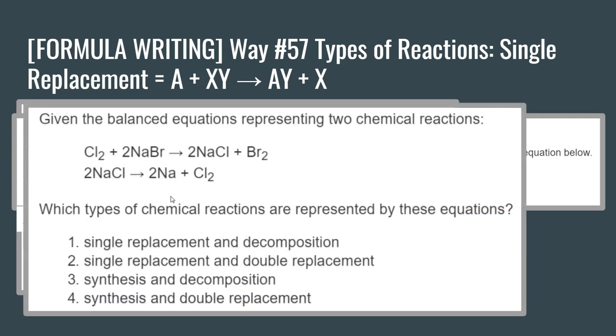Given the balanced equations representing two chemical reactions, 1, chlorine plus sodium bromide yields sodium chloride plus bromine, and 2, sodium chloride yields sodium plus chlorine, which types of chemical reactions are represented by these equations?